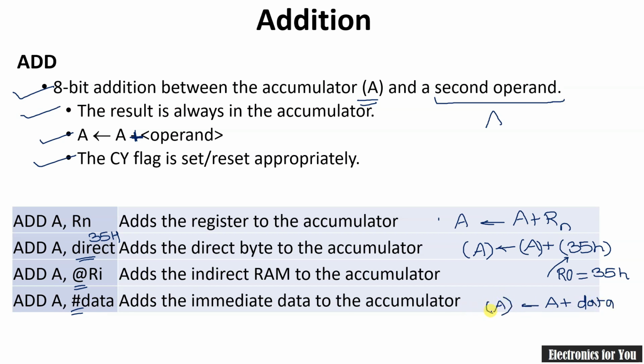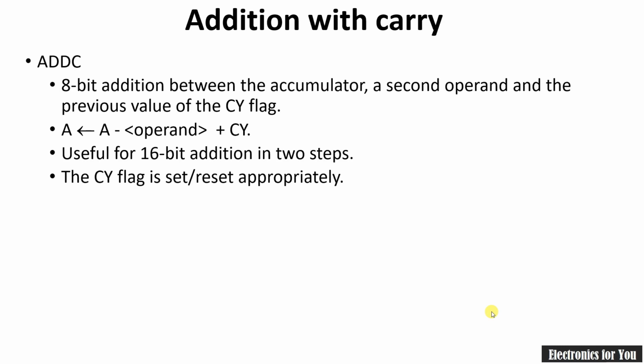Similar to the ADD instruction, another instruction is used. This is ADDC, which is addition with carry. The ADDC instruction is used for the addition operation, and again 8-bit data along with the carry is added with the content of the accumulator and the result is stored in the accumulator.